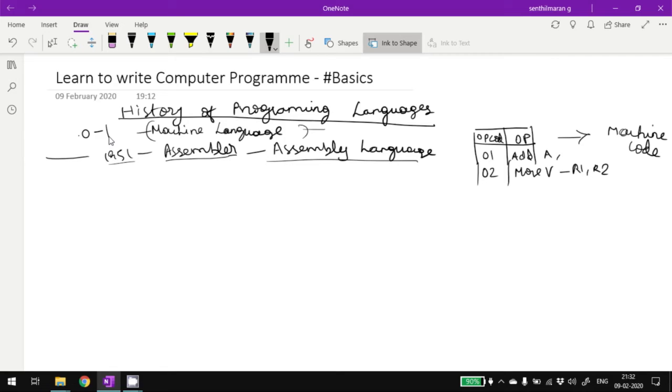For assembly language, we usually have operation codes, and each operation code represents some operation. The programmer has to understand these codes and build their program, which is then compiled by the assembler, and the final output is assembly machine code.